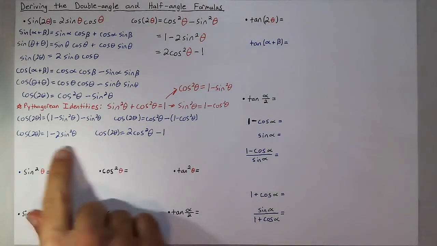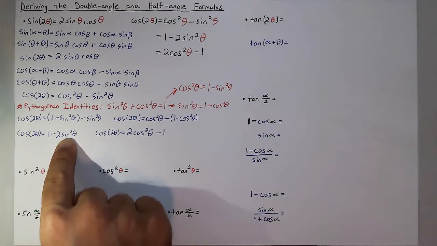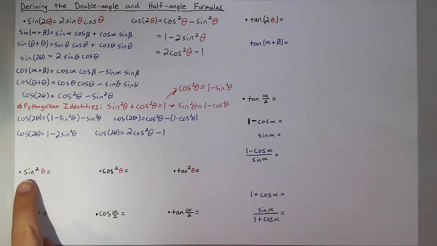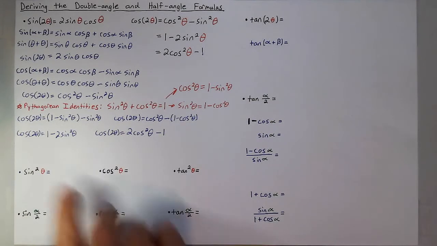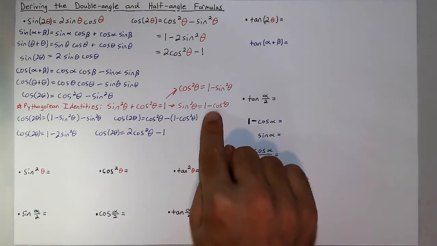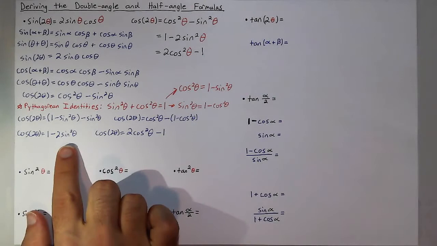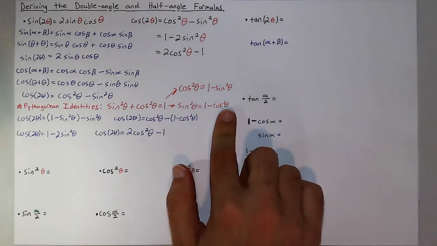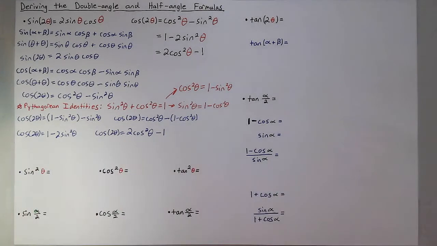And now we actually get into some territory where if we were to solve for sine squared theta, we have a formula for sine squared theta by itself in a different format where it gets rid of the power. Here, sine squared theta is equal to 1 minus cosine squared theta. But if I were to solve this equation, now there's not going to be a cosine squared theta anymore, but a cosine of 2 theta, which reduces the power.